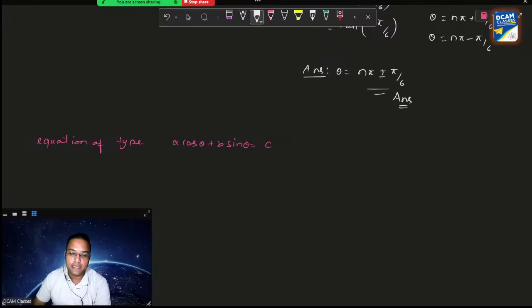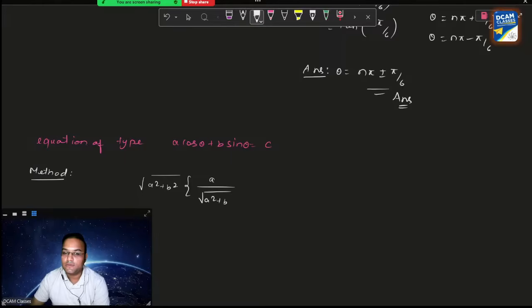See, the method is you have to multiply and divide by root over a square plus b square. It will become a by root over a square plus b square cos theta plus b by root over a square plus b square sin theta is equal to c.